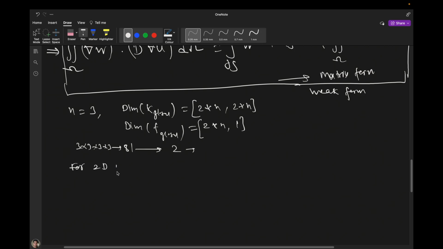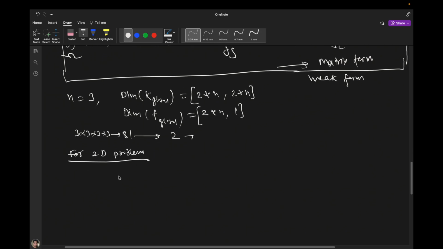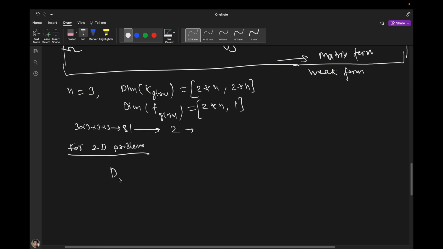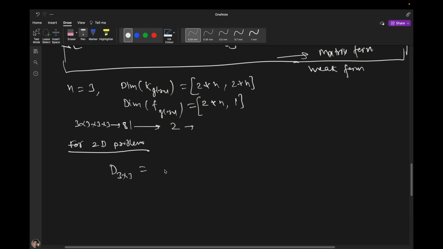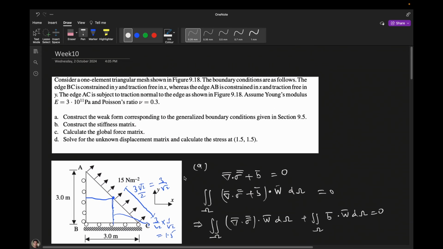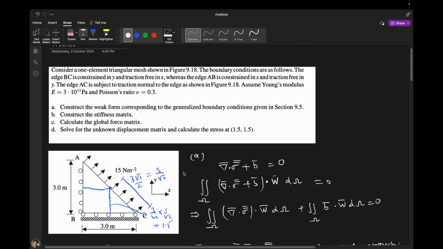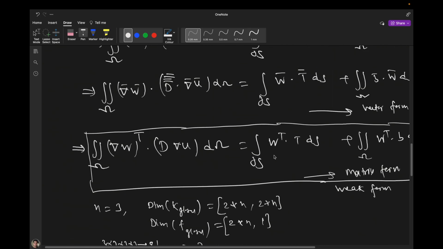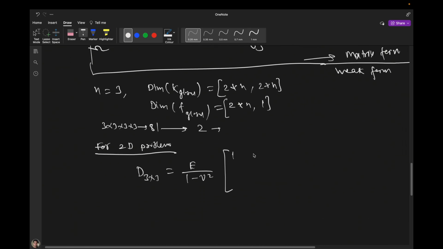For a 2D problem, D will be only a 3 by 3 matrix, and it will be E divided by 1 minus nu square, times, if I'm not wrong, 1 nu 0, nu 1 0, and 0 0.